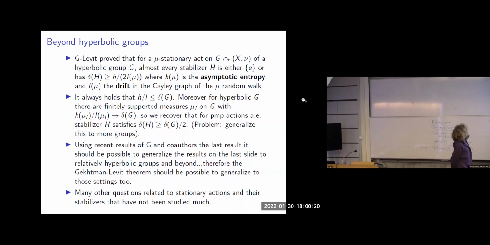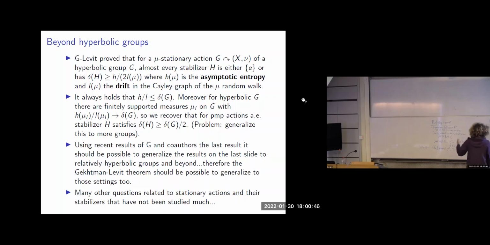Okay, so we proved that if you have a stationary action of a hyperbolic group, almost every stabilizer is either the identity or it's at least something which is hard to define, but like something that depends on the group, in some number. So it's 1/2 asymptotic entropy times the drift.